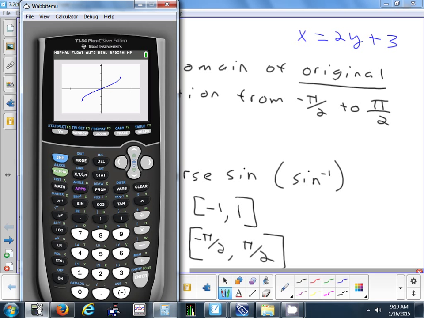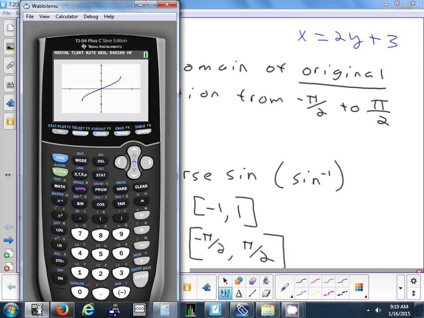You can almost think of it as part of a sine wave going in a different direction. Okay, it's just part of it. And that's it. There's no asymptotes. There's no holes. There's no gaps. It's a continuous function over that domain. And you can include negative 90 and 90. That's why I use brackets. Okay? You can also include negative 1 and 1.